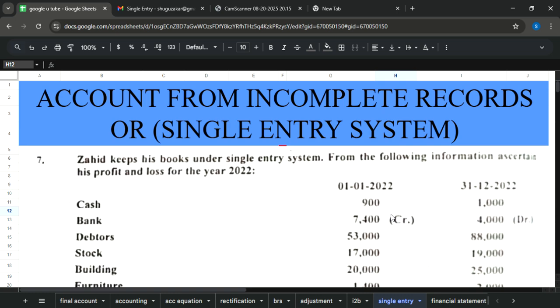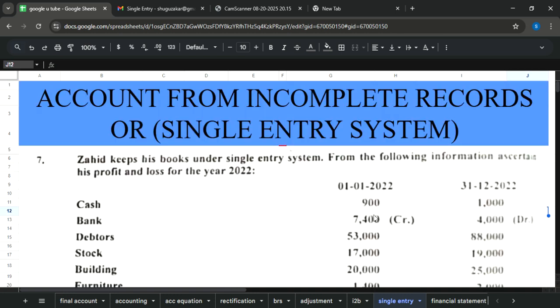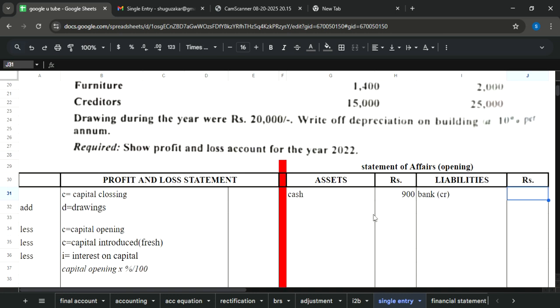So understand, this bank would be written on the liability side because it is credit. That means overdraft. Just post 7400 in the liability side.